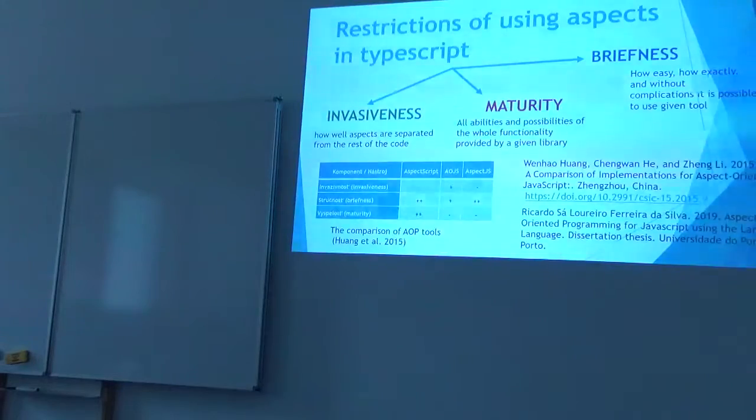As I said, some tools are native to JavaScript, and a lot of scientific articles try to compare these tools using given metrics. The first one is invasiveness. It expresses how well aspects are separated from the rest of the code.